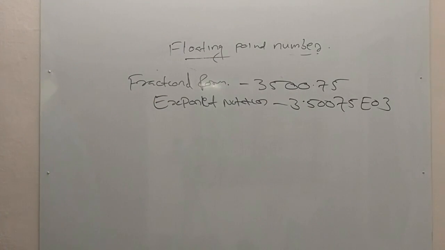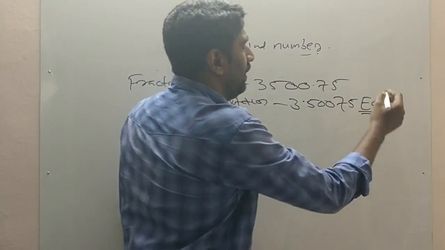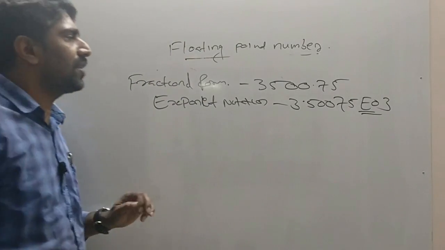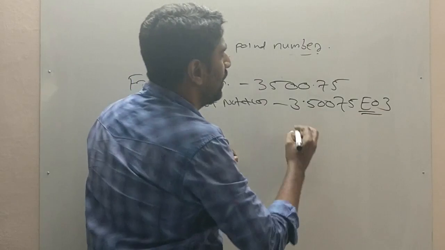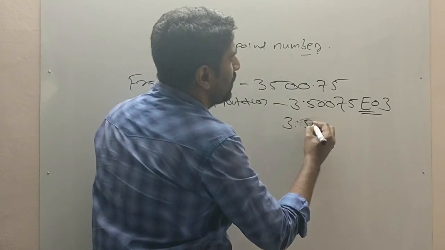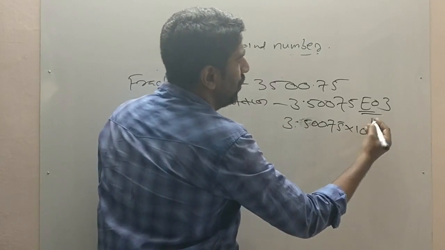Here, E represents the exponent. That means the meaning of this is 3.50075 into 10 raised to 3.